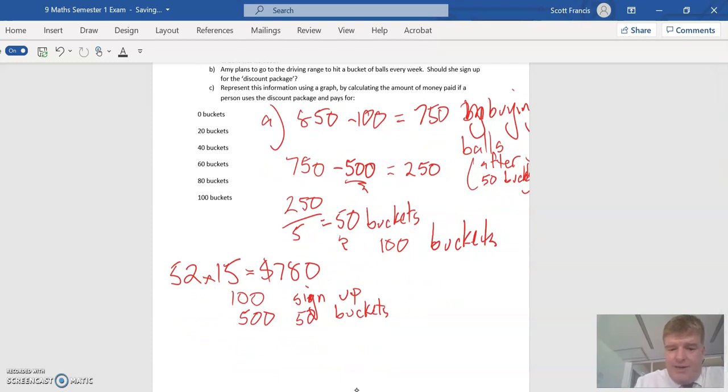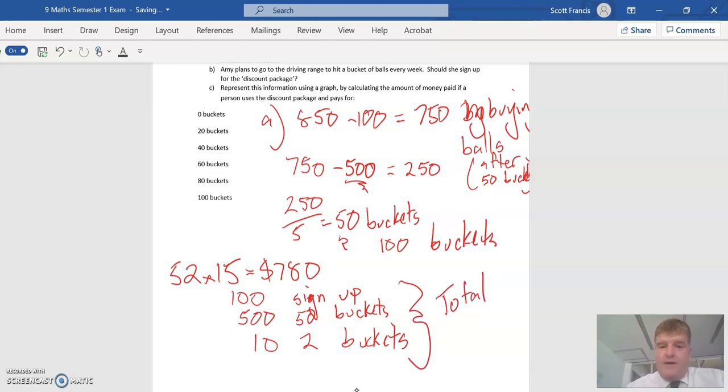So it's going to be another $10 for the last 2 buckets. The total here, if she uses the discount, is $100 to sign up, the $500 for the first 50 and $10 for the next 2, which is going to be $610. So she should take the $610.